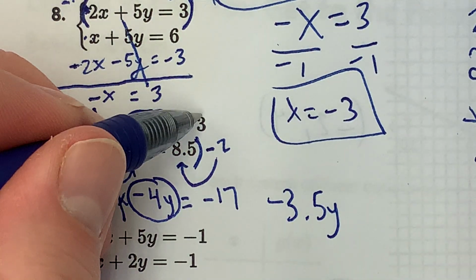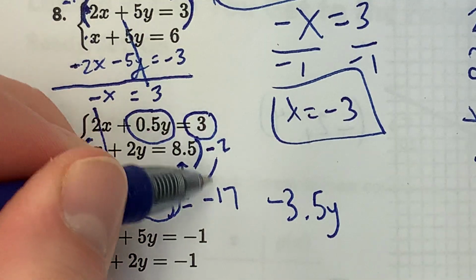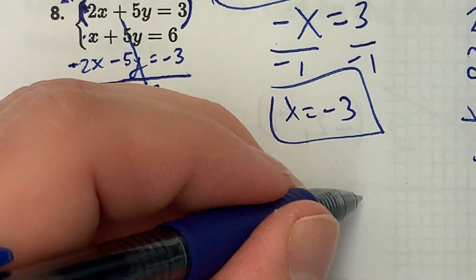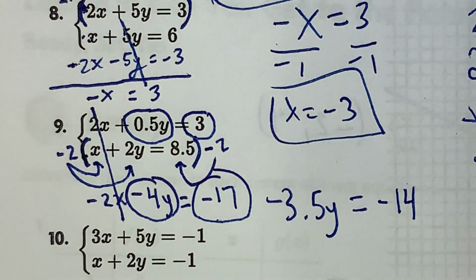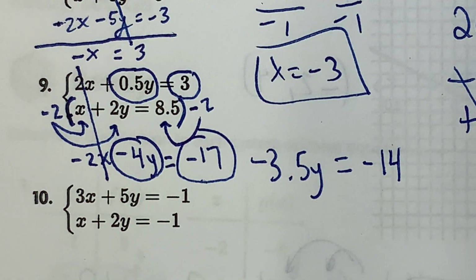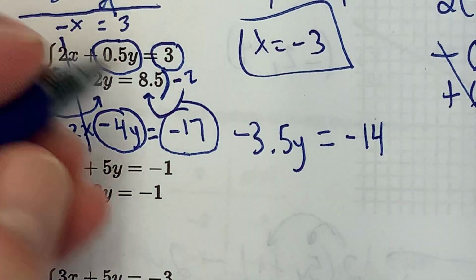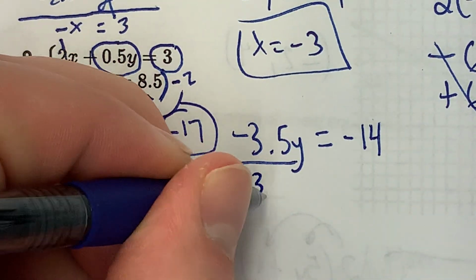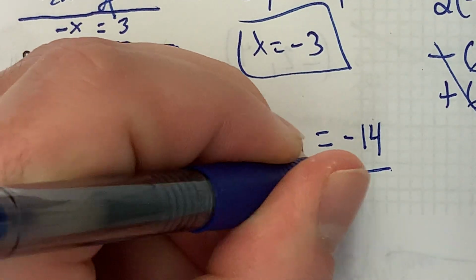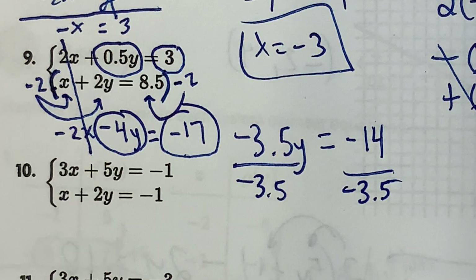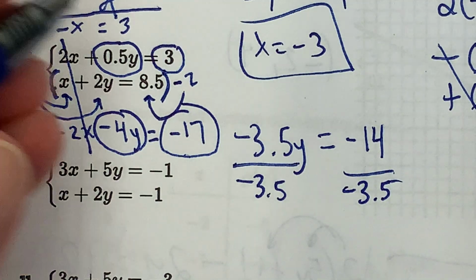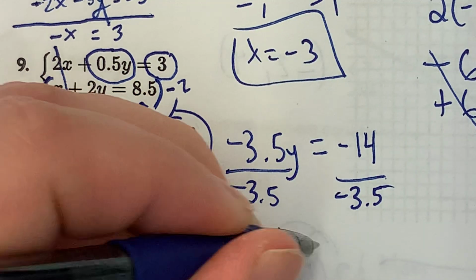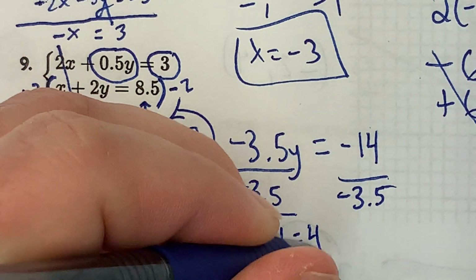And I have to add 3 and -17, which is -14. And now I will divide both sides by -3.5. You can use a calculator. I think it's 4. So y equals 4.